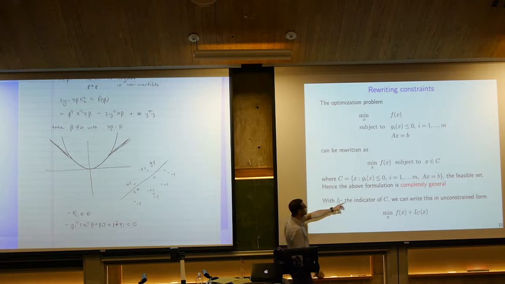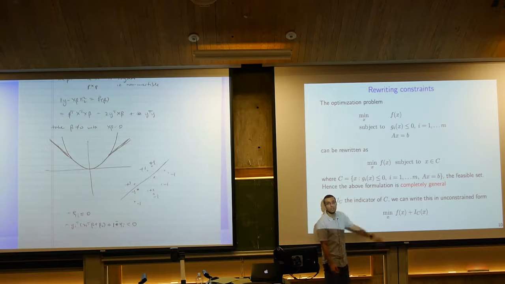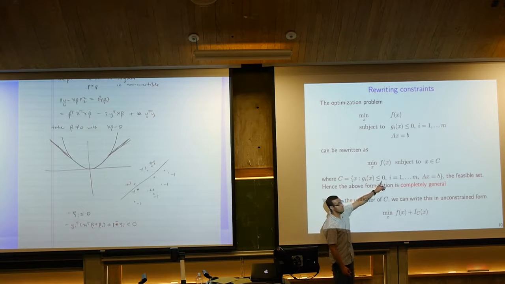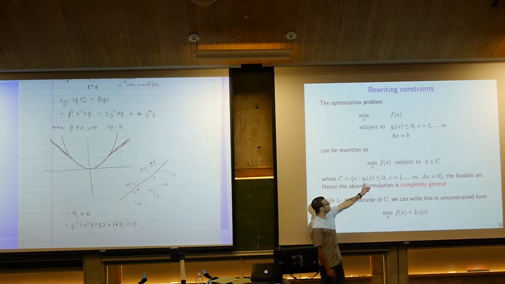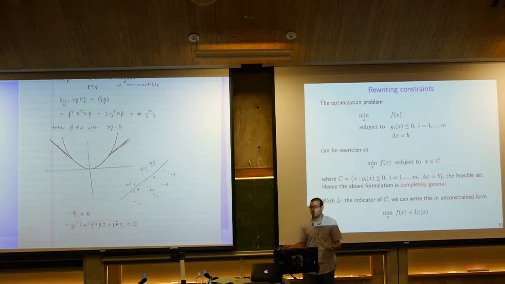And if gi, let's start using some of the definitions we know now from convex functions, if gi is a convex function, then the set of all x for which gi is less than or equal to 0 is a convex set. Right? That's a sublevel set of a convex function. If I assert that this must be true for all i, that's an intersection of those convex sets. Right?